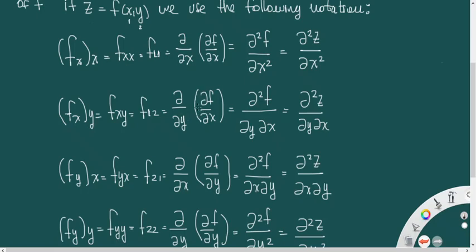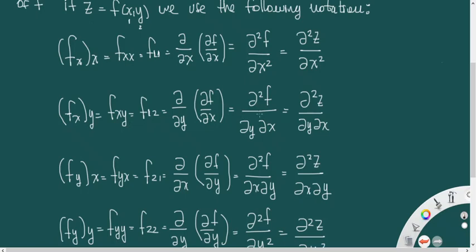The order is switched because when we do this type of calculation, we do first the x, and then the result we differentiate with respect to y. So in this notation, the first step is always inside the parentheses.